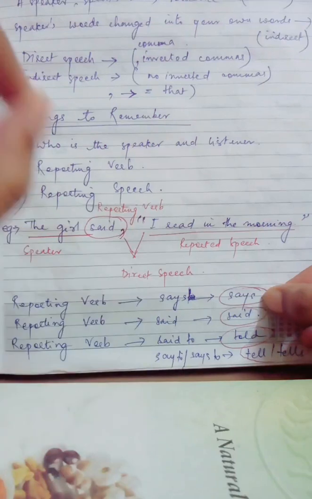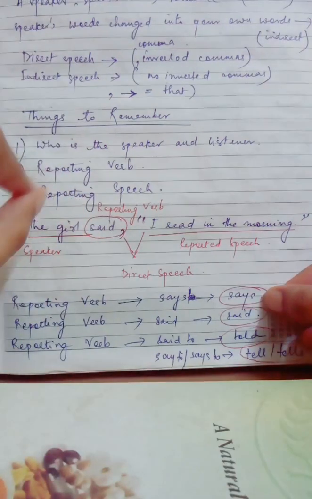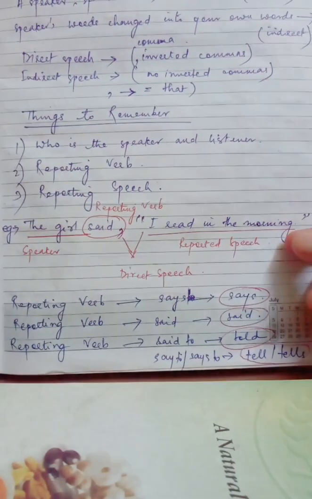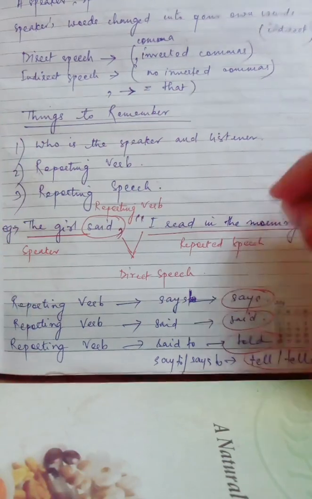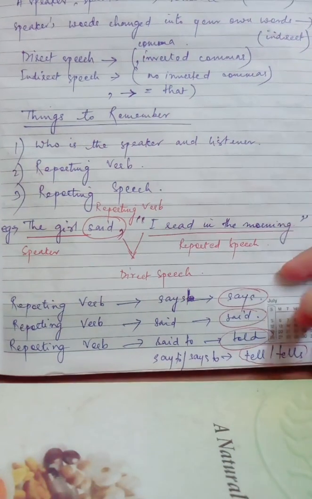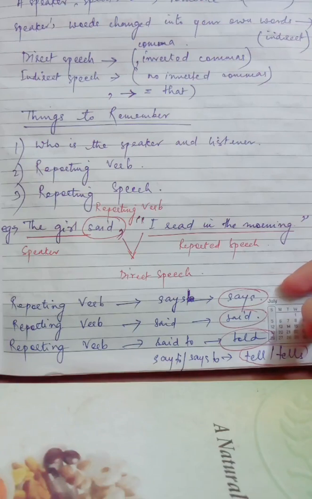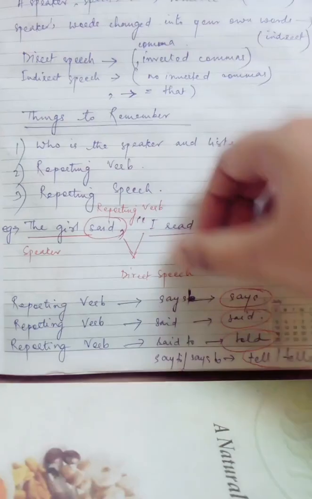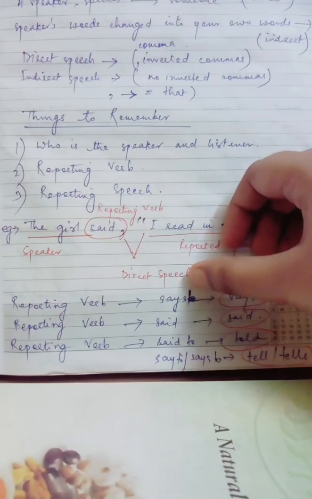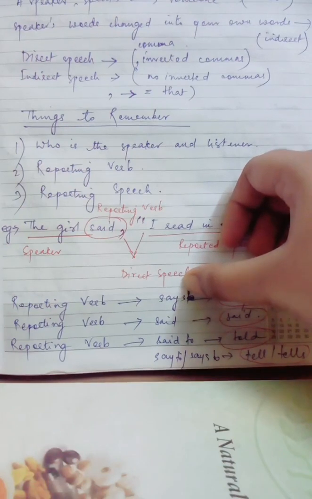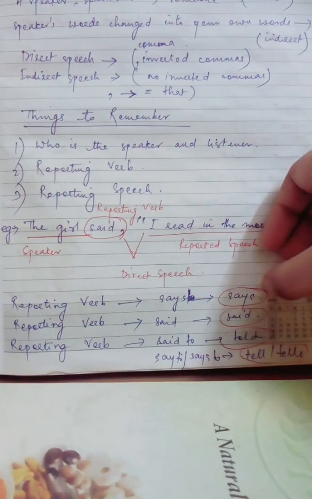So write it down, these rules are very important. You cannot go wrong in these things, because in grammar transformations, otherwise you are not getting the full marks. So if the reporting verb in direct speech is says, then in indirect speech it remains says.